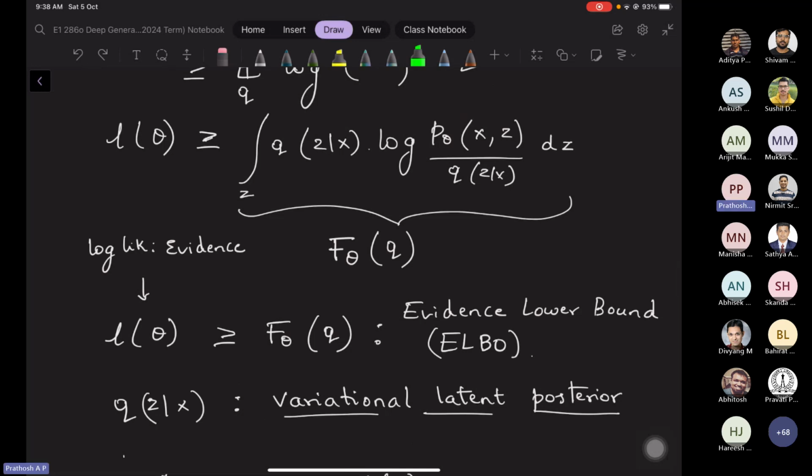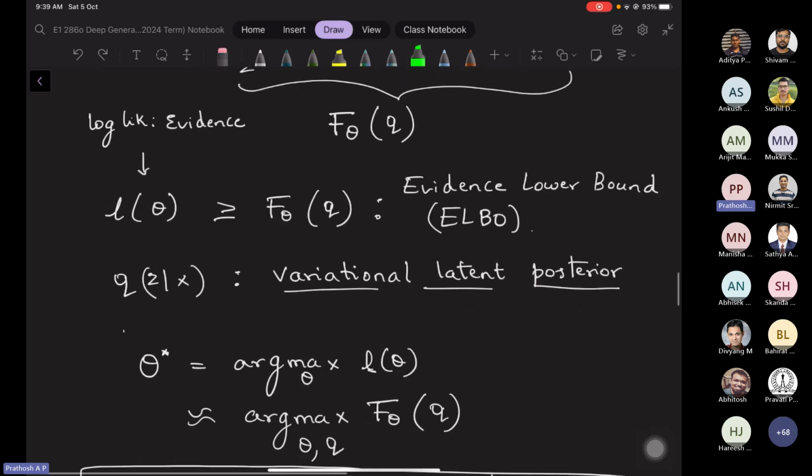What you would want to maximize is the log likelihood L theta, and whenever you take a guess on the latent variable via the distribution Q, a lower bound is created on the log likelihood. Okay. That lower bound is what is called the evidence lower bound, or ELBO. With a choice of Q and theta, you will get a particular ELBO. Sorry, evidence lower bound.